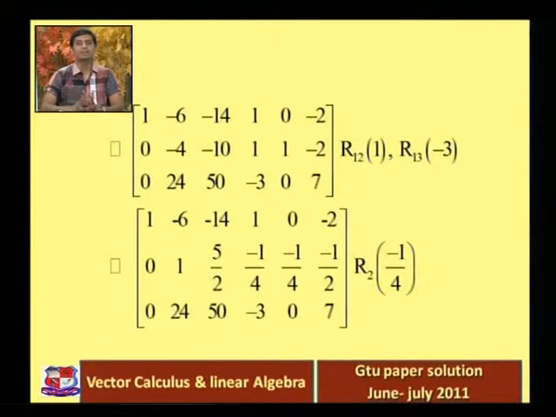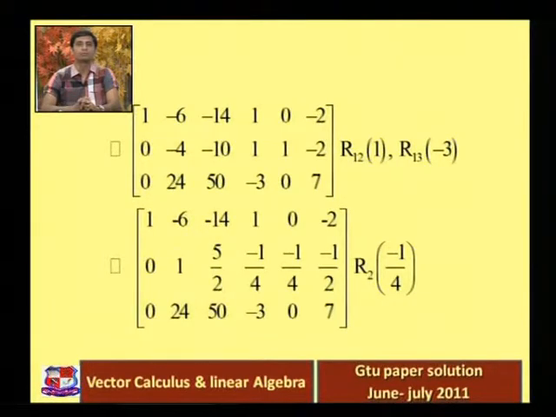The first row and the third row are as they are. The first row is 1, -6, -14, 1, 0, -2, and the second row becomes 0, 1, 5/2, -1/4, -1/4, and 1/2. And the third row is also as it is, 0, 24, 50, -3, 0, 7.